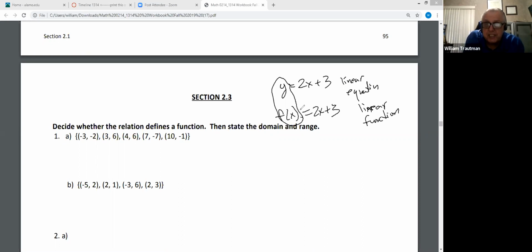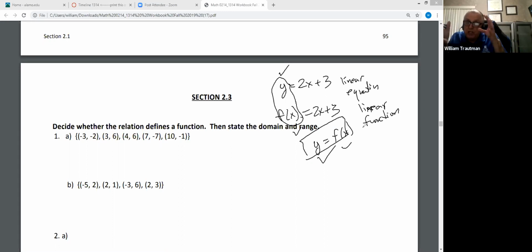These two are the same. We just write y when we have a linear equation, and we write f parentheses x when we have a linear function. Y equals f parentheses x. They're the same thing. We can call them both y. One is just, we call it a function. The other one's an equation.